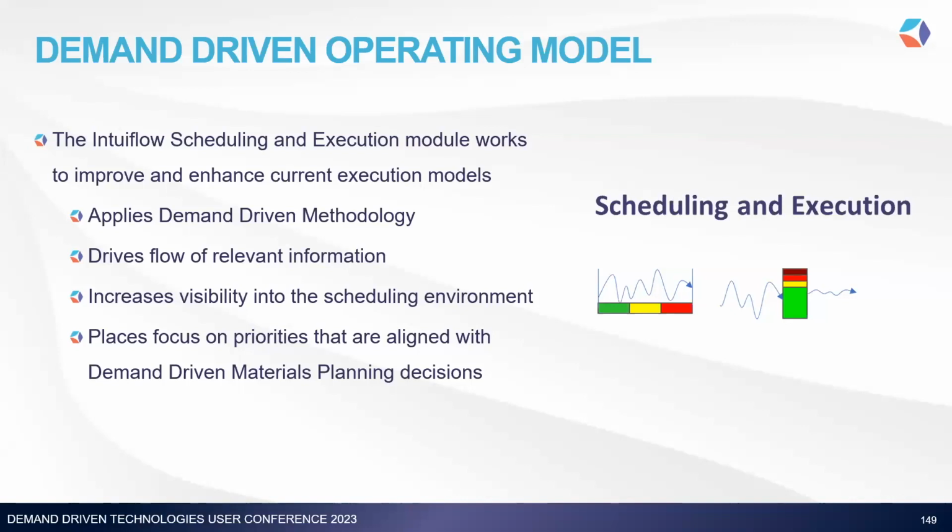We cannot stress enough that you can't just drive as much data as you can. You really want to look at what's important and what's a priority at the moment. It increases visibility into our scheduling environments, and it places focus on priorities of work orders that are aligned with our demand-driven materials planning decisions.